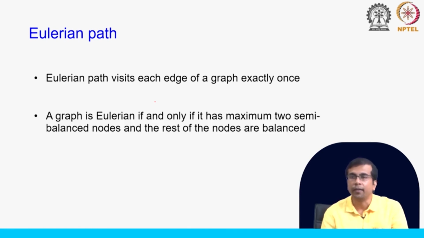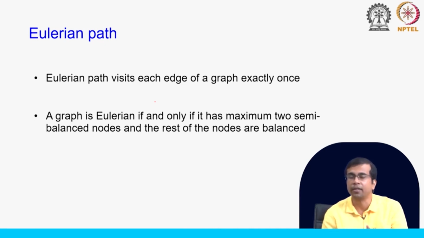And there is a condition that has been shown that a graph is Eulerian, meaning there would be a Eulerian path, if and only if it has at most 2 semi-balanced nodes and the rest of the nodes are balanced. So, we look for a directed connected graph where you have at most 2 semi-balanced nodes and the rest of the nodes are balanced.